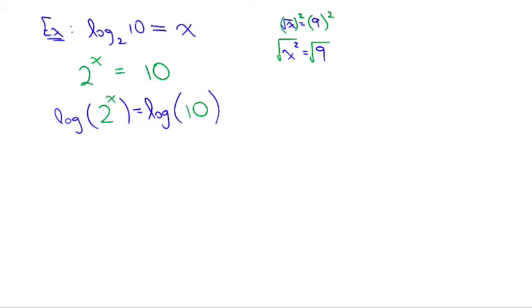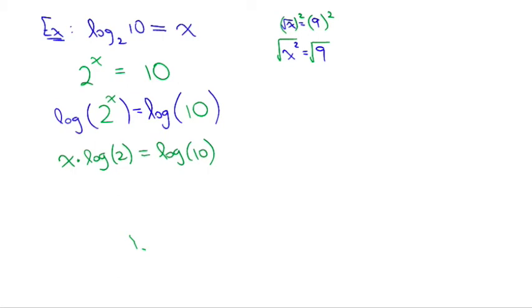What can I do with the power there? Move it to the front. It's an exponential here, but exponentials under logs go out front. So this becomes x times log of 2 is equal to log of 10. Now, log of 2 you can type in your calculator. Log of 10 you can type in your calculator.